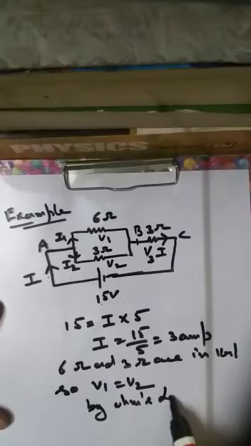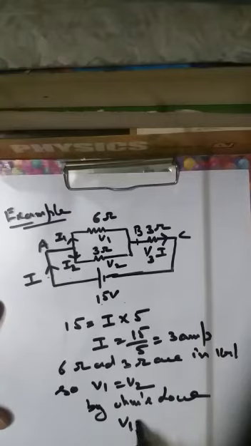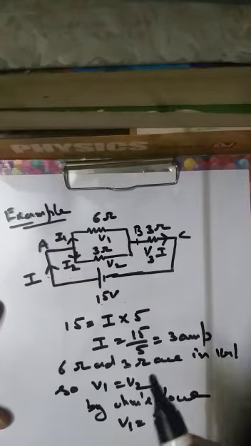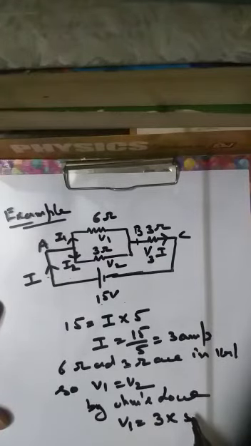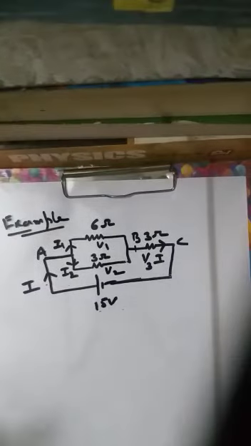By Ohm's law, V1, we calculated the value of I is 3. The value of resistance is 2. Then V1 is equal to 6 volt. By this we got the value of V1 is 6.